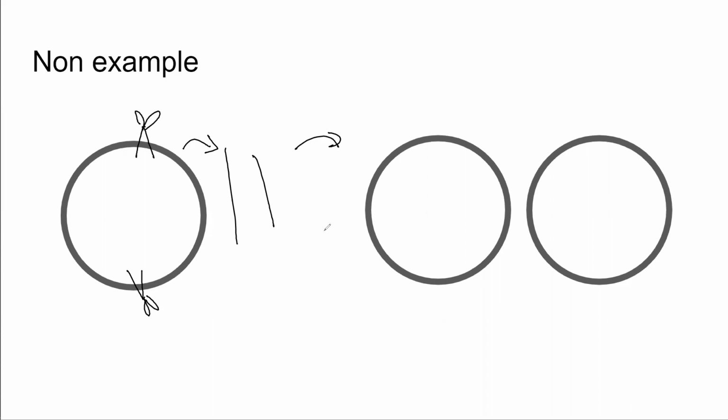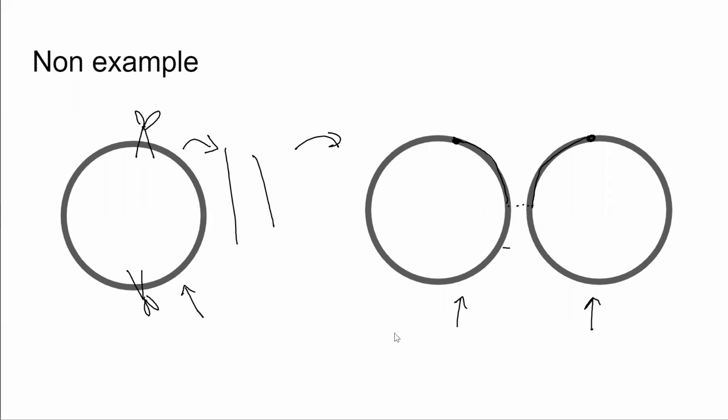And you can tell that it's a non-example because you saw before that a circle is a connected space, but two circles is clearly not a connected space, because there's no way that I can get from a point on this circle to a point on this circle without lifting my pencil at some point. There's no way to bridge that gap. So if a homeomorphism is supposed to preserve all of the topological properties, then I know for a fact that this cannot be homeomorphic to this.